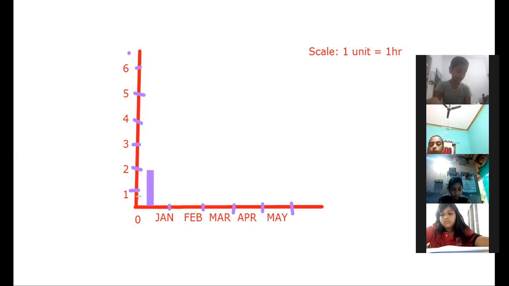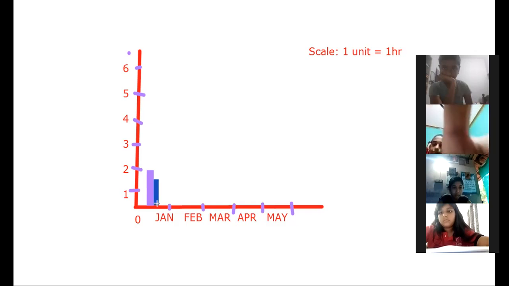We have to choose 1 and we have to choose the middle point in between 1 and 2. So I am just drawing it, starting here. This must be like this.